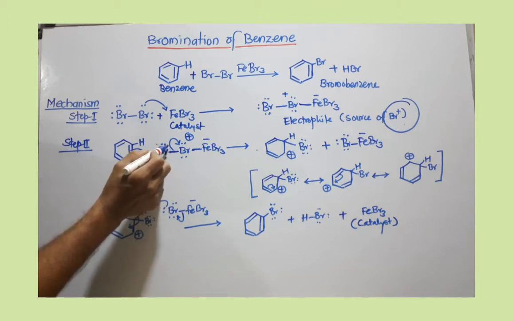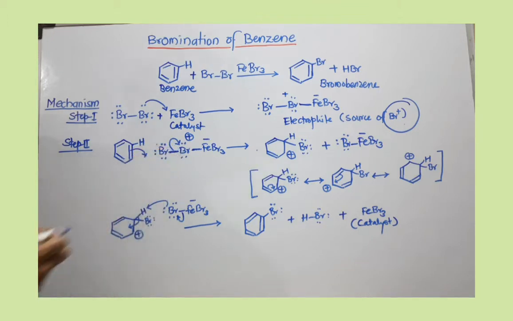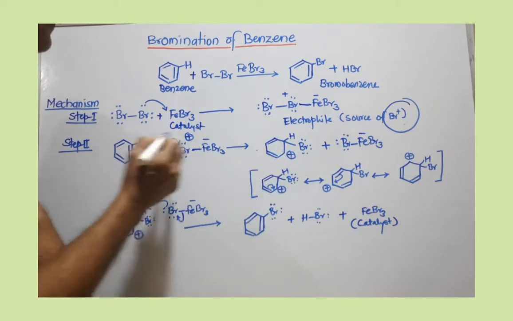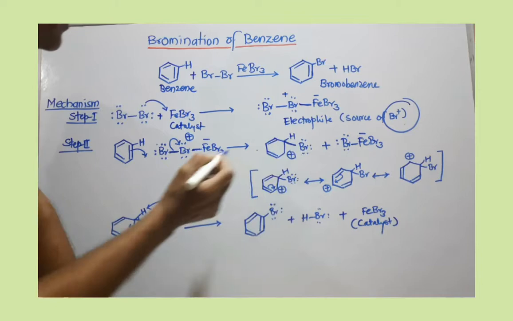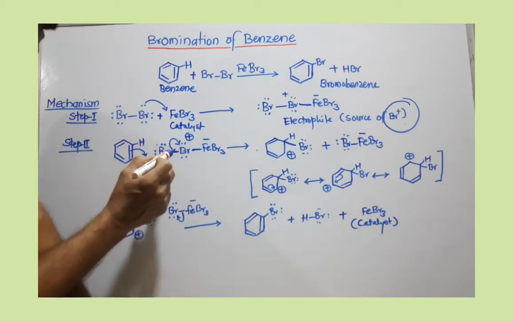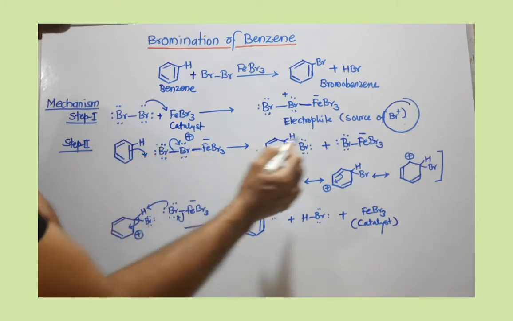That means this pair of electrons is now moving onto this Br. I have shown here this pi bond, which is joining to this Br, which already has 3 lone pairs, but this bond is broken and moved over this Br.